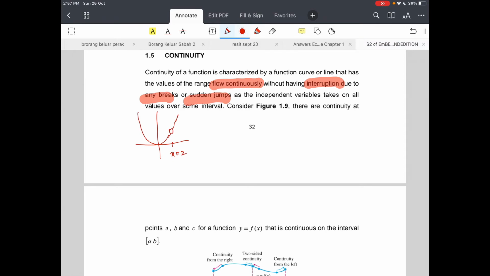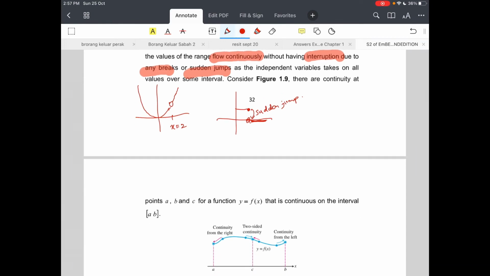And then sudden jumps. For example, if we have a constant here, and then it jumps to another line, we can say this is a sudden jump. This is just an example.